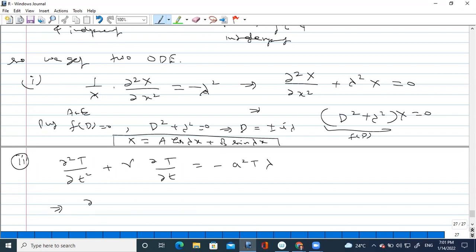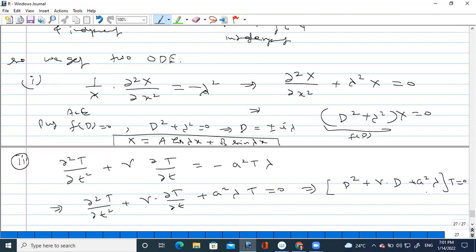It will become del 2 t by del t square plus gamma into del t by del t plus a square lambda into t is equal to 0. So t will be taken common and f(D) will be here. This is a double derivative, so D square plus gamma into D, del by del t is D, plus a square lambda into t is equal to 0. So this will work as f(D).